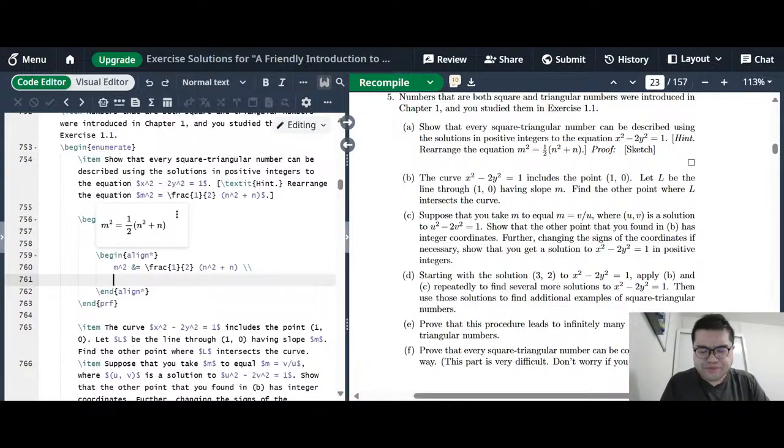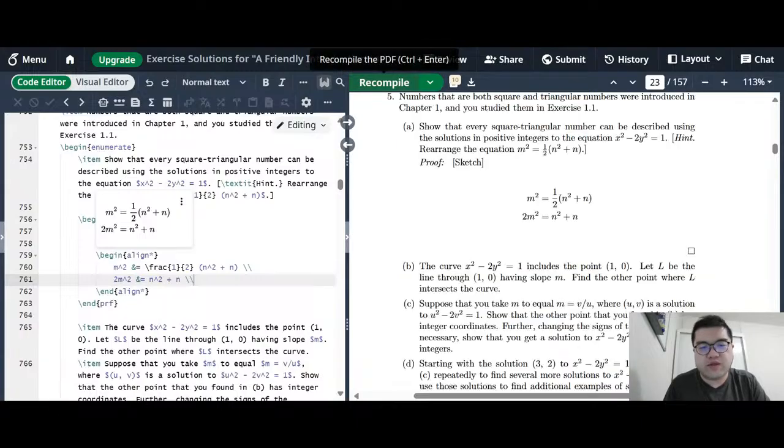So now we need to rearrange this equation or manipulate the algebra. For now we can try to multiply both sides by 2, of course, trying to get rid of the factor. So we will end up with 2m squared is equal to the quantity n squared plus n. This is clear enough because we're just trying to set up something very nice.